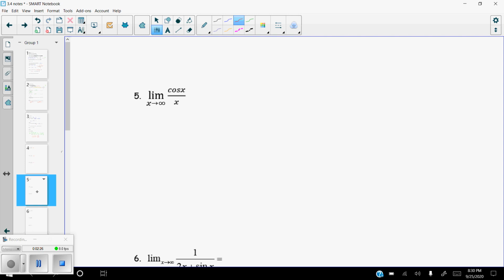Okay? Now, we do have to think about this one just a little bit more. Limit as x approaches infinity of cosine of x over x. Well, now we're not just dealing with polynomials anymore. Now we've added trig functions in there. This is where you really need to understand your functions. Cosine of x is bounded. It cannot be bigger than 1. It cannot be less than -1. So no matter how big x gets towards infinity, cosine at most can be +1.